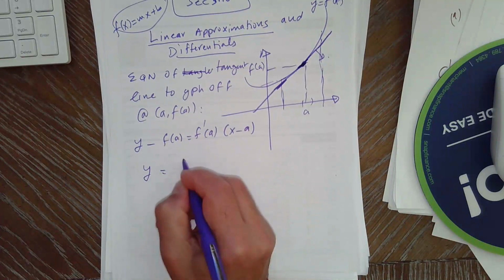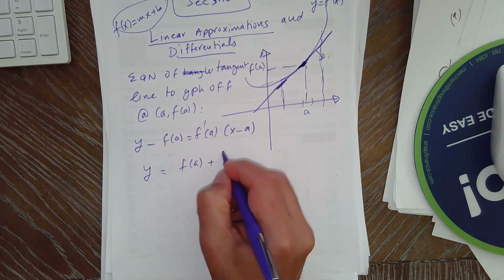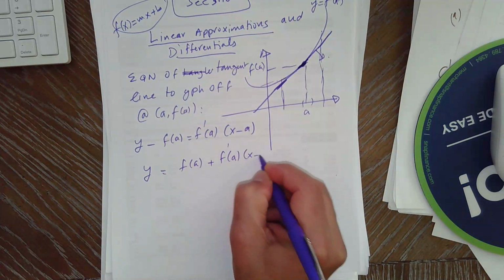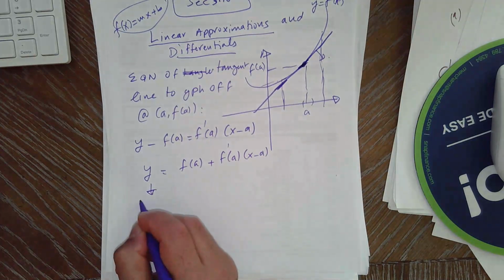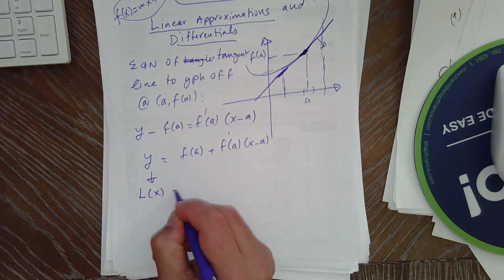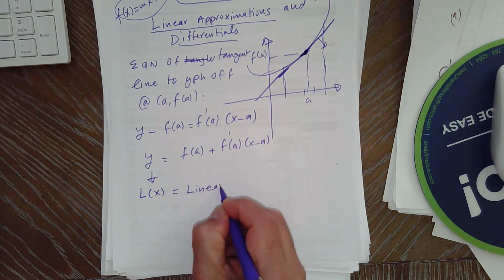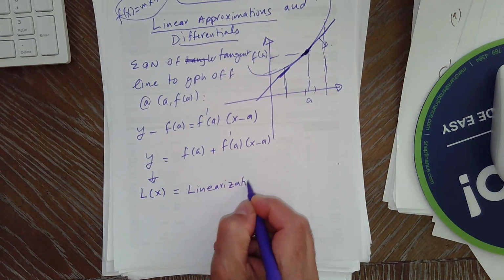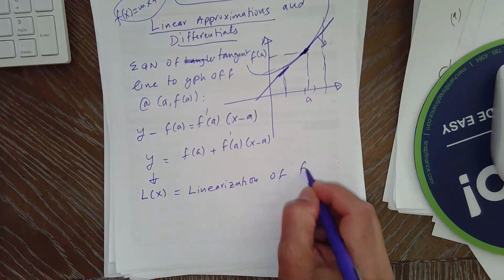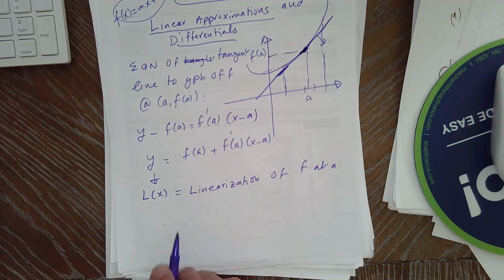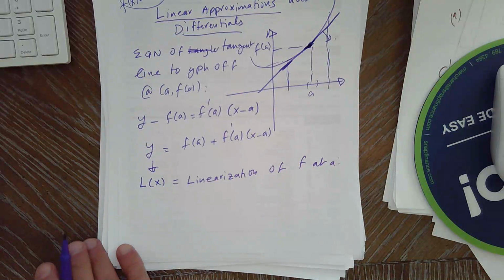So y equals f of a plus f prime of a times x minus a. This y, we use L of x for that. This is called the linearization of the function f at a.